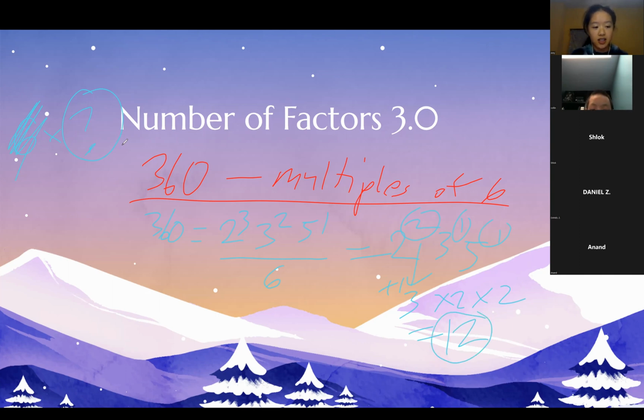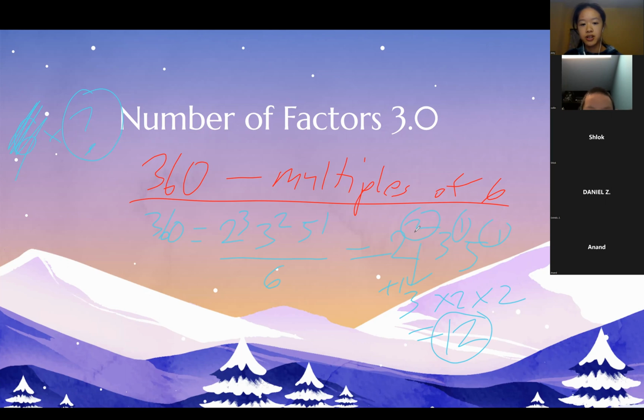So basically it has to be divisible by 6. Okay, does that make sense to everyone? Oh, yeah. So for the 2 squared, 3 squared, 5 to the power of 1 over 6, so it goes to 2, 1, and 1. How does that work again?